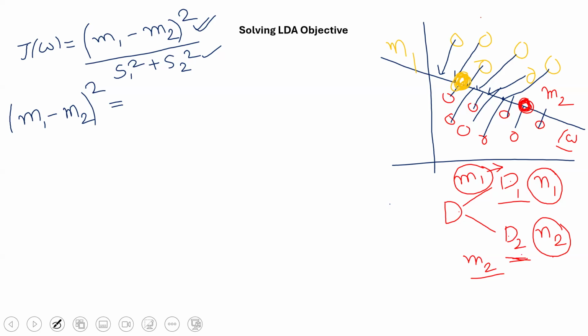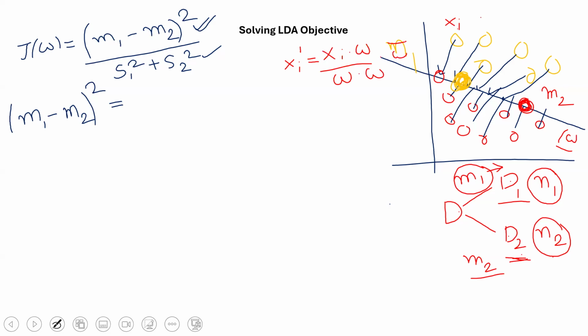Suppose I take this point as xi. Let's say xi cap is the projection of xi on W. Then what will xi bar become? It is (xi dot W) by (W dot W), into W, which is the direction.